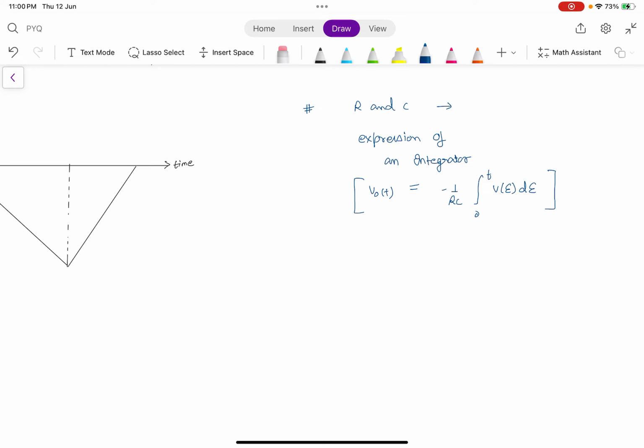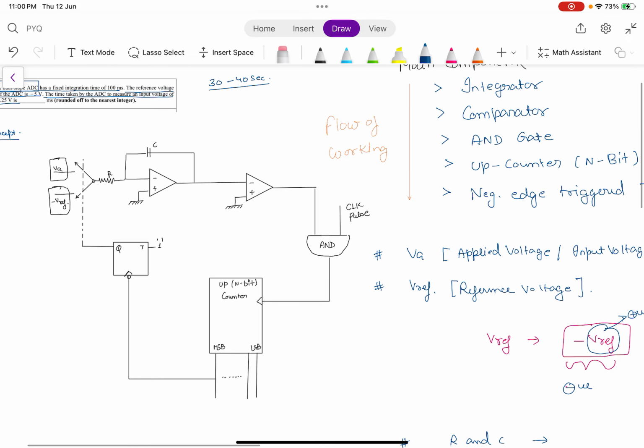This is the integrator expression, and the comparator compares the values.